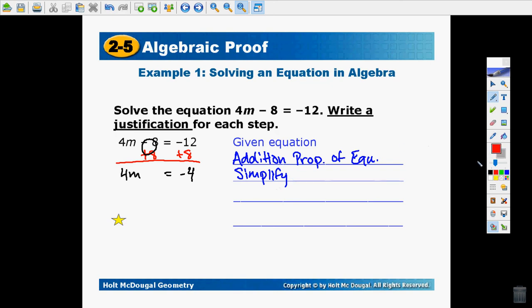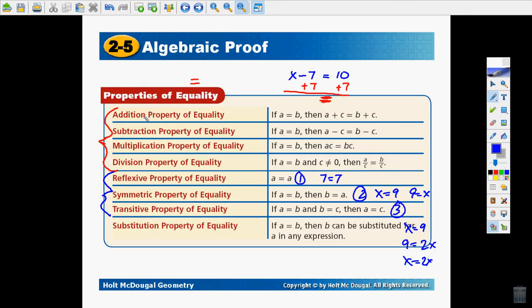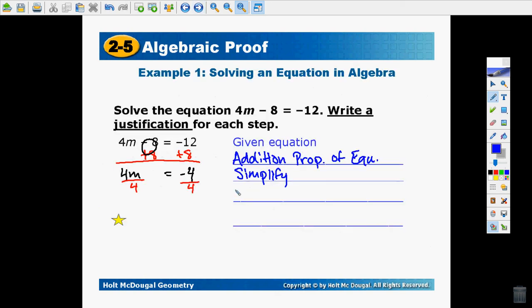Next thing we need to do is divide by 4, since m is being multiplied by 4. And what property says that we can divide on both sides? If you don't remember, you can go back and look. Probably division property, and just make sure it's correct. Yep, division property of equality.